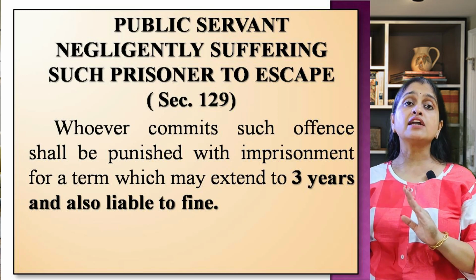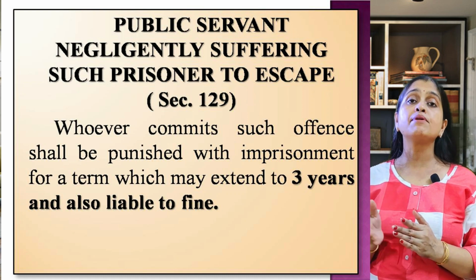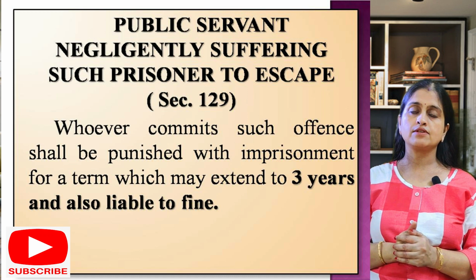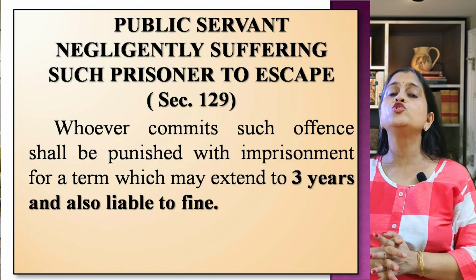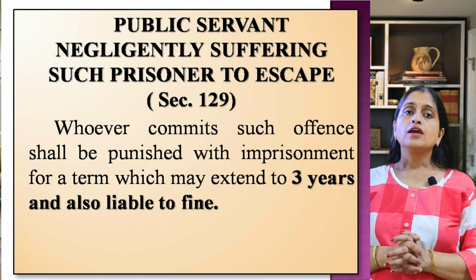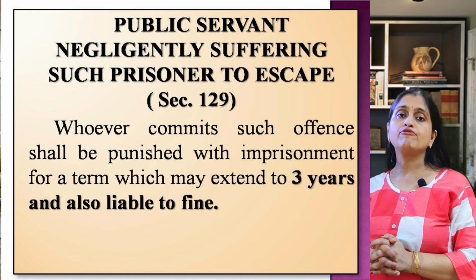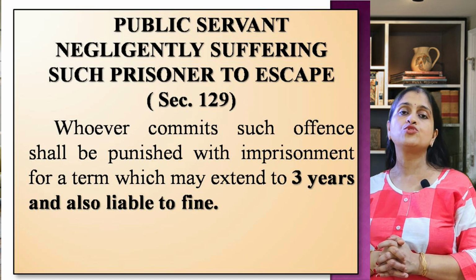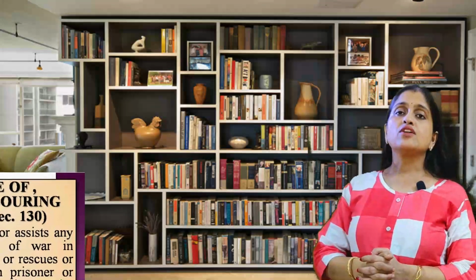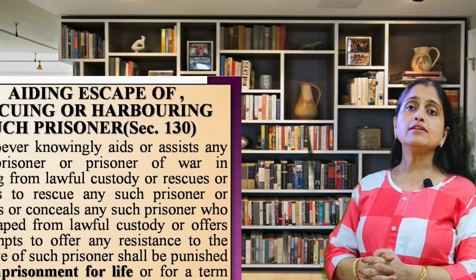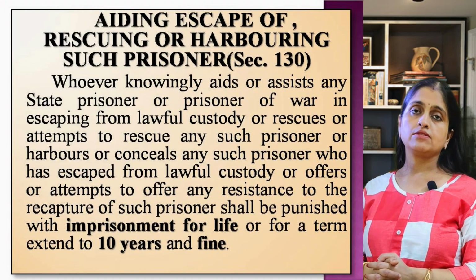In this section, the public servant negligently suffers such prisoner to escape, and in the previous section, the public servant voluntarily commits such offence. Whoever commits such offence shall be punished with imprisonment for a term which may extend to 3 years and also liable to fine.